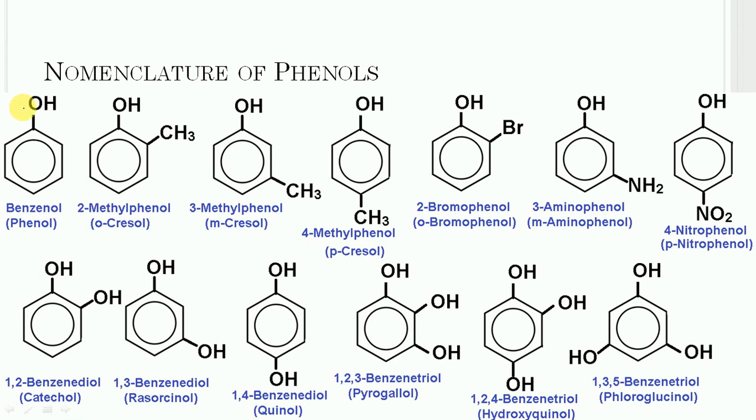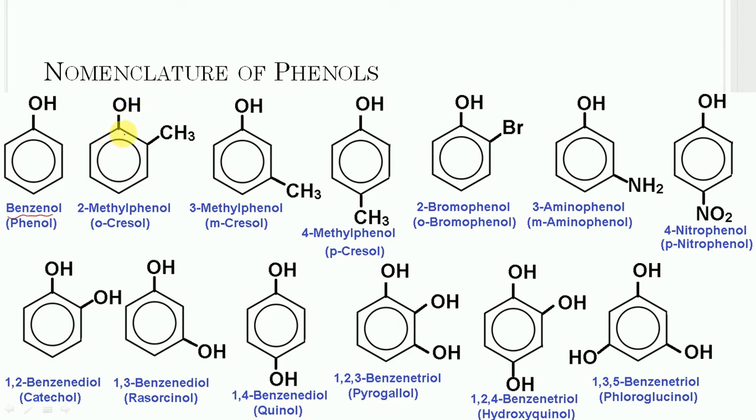Next is the nomenclature of phenols. In the IUPAC system, the simplest phenol is called benzenol, but all the substituted phenols are named as derivatives of phenol. Here the position of the substituent with respect to the hydroxy group is indicated by Arabic numbers.